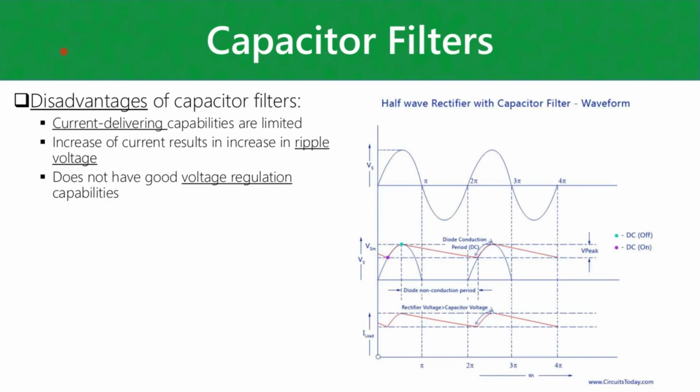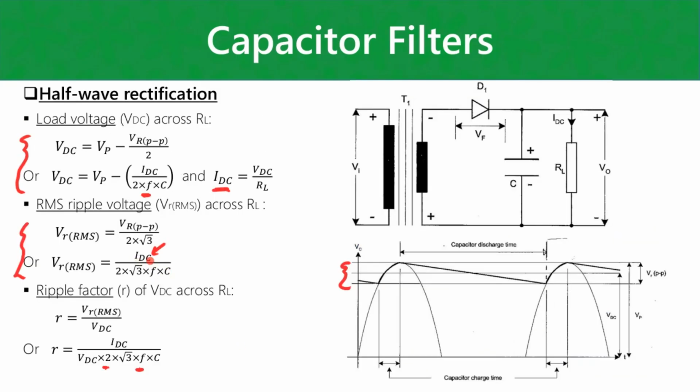All right, so there are some disadvantages with capacitor filters. They have very limited current delivering capabilities, so they're not very good at delivering current. If your load pulls more current, that is going to increase the amount of ripple that you see. If we go back to this formula, IDC is your average current, so if that goes up, so does your ripple RMS.